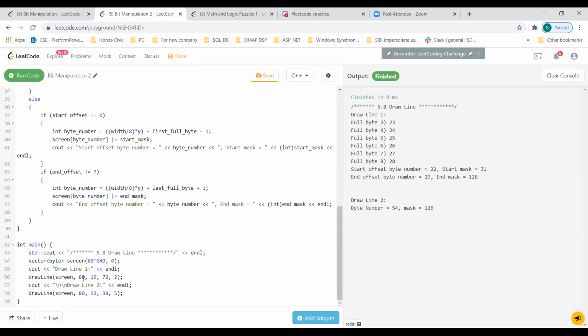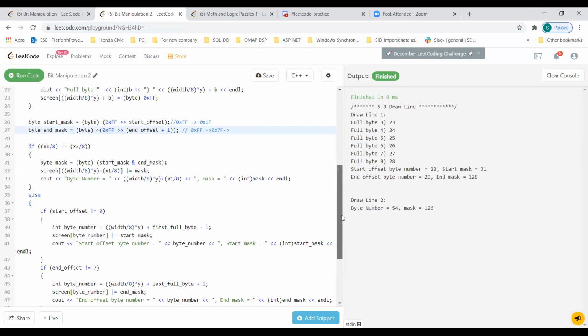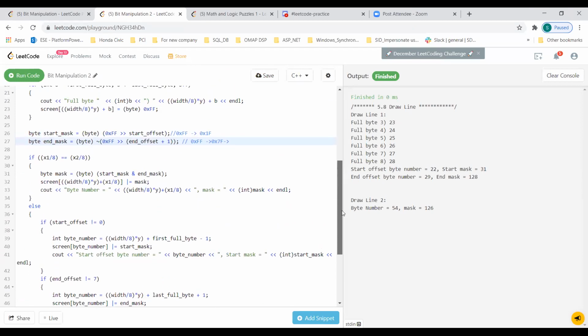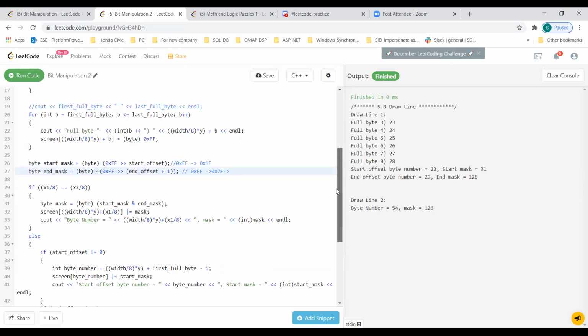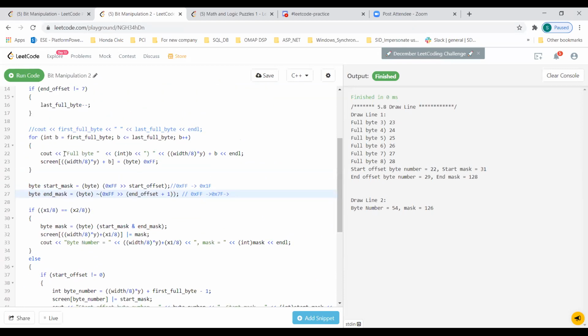If I say this 80, I'm starting with a full byte at 22. So these are my full bytes, right? Yeah, this is the full byte. So I am doing from 23, 24, 25, 26 full byte, and this is my width actually. That's fine.